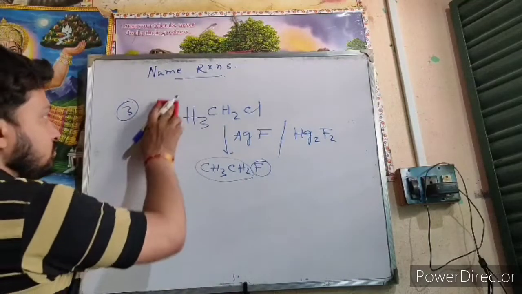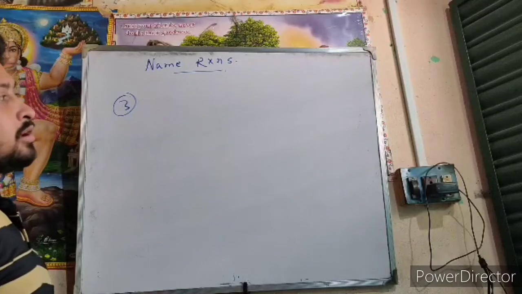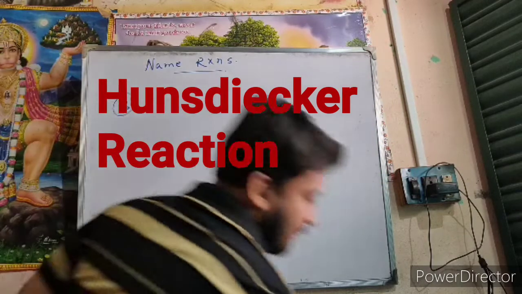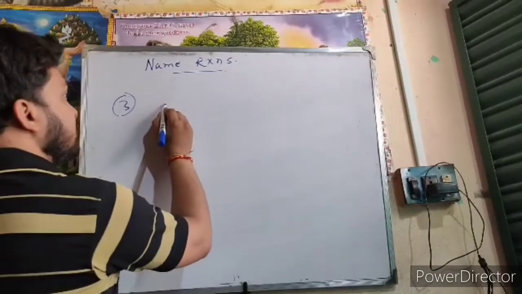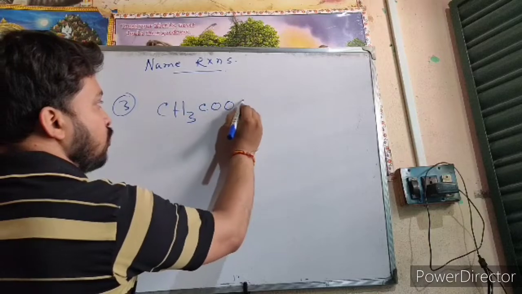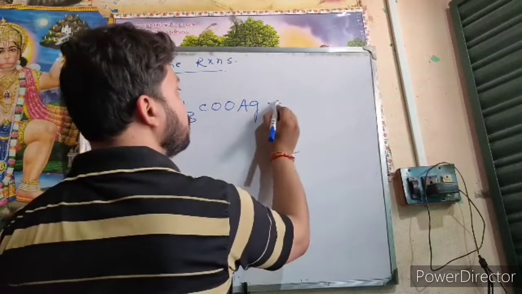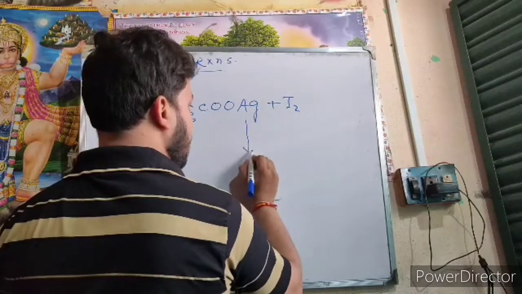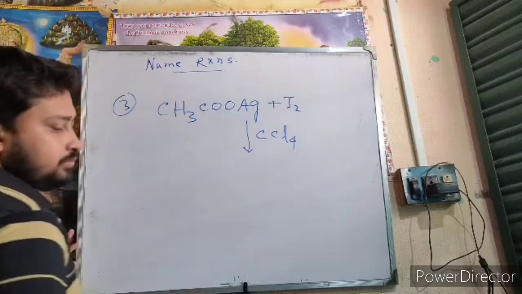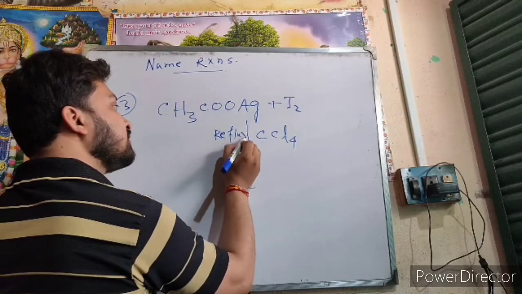Now the next method is the Hunsdiecker reaction. Hunsdiecker reaction means you take CH3COOAg, and it reacts with I2 in carbon tetrachloride, CCl4, and you are going to reflux.